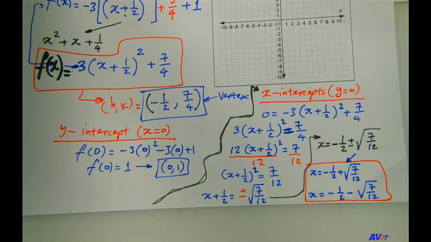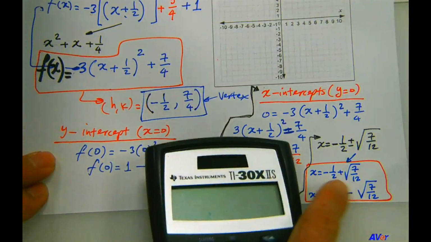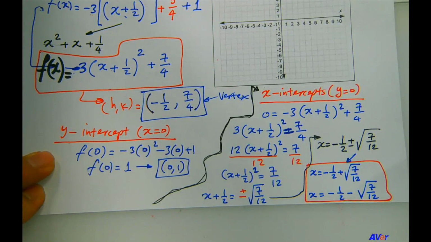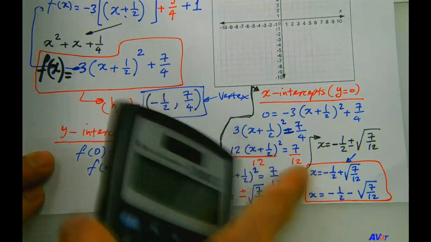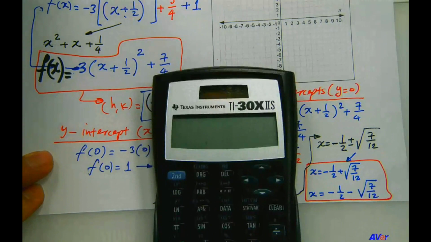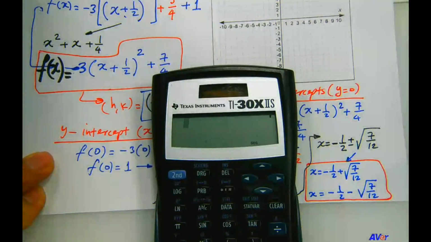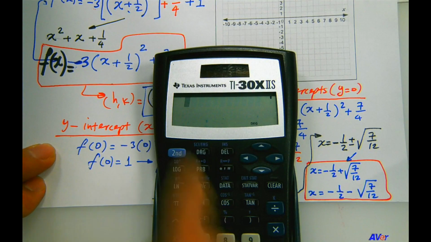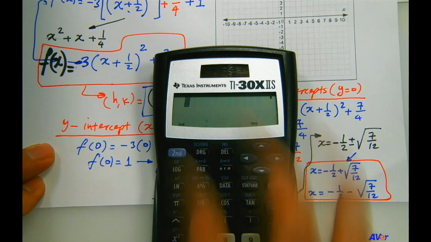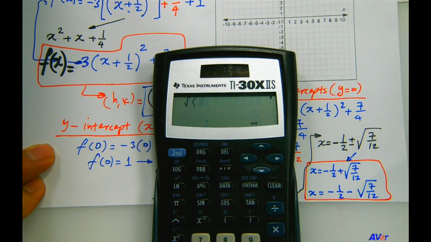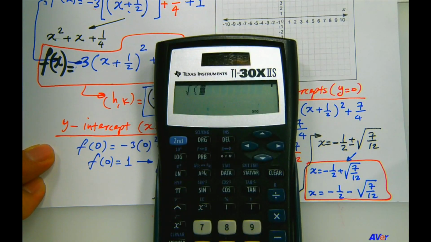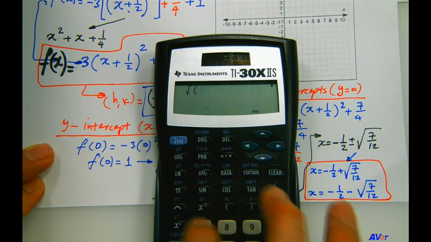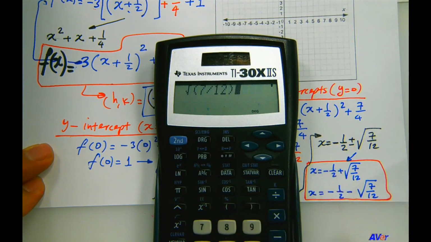So the rough idea about this, each of these, we can get a rough idea. For example, we can take the square root of 7/12 and then add and subtract it to negative 1/2. Let's do that. Just to get a ballpark idea of where that point is. So square root of 7 divided by 12, close parentheses.